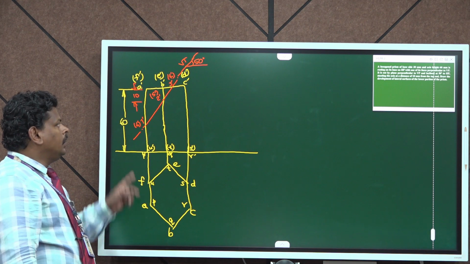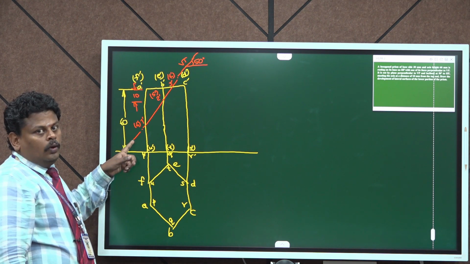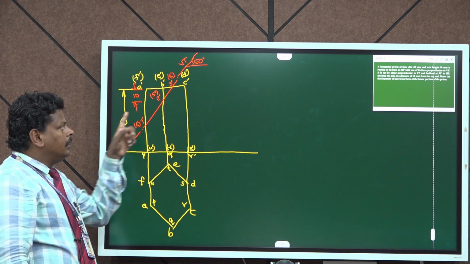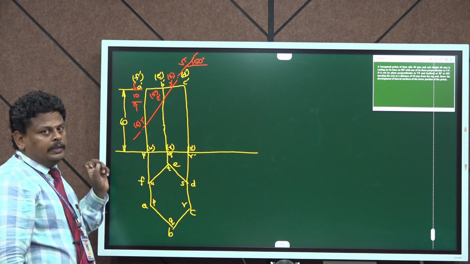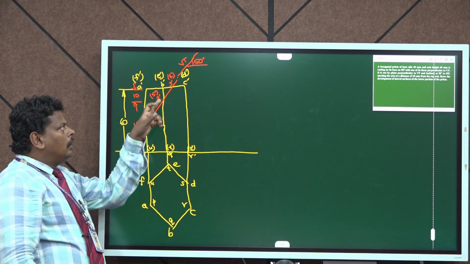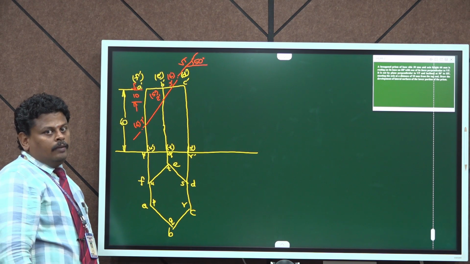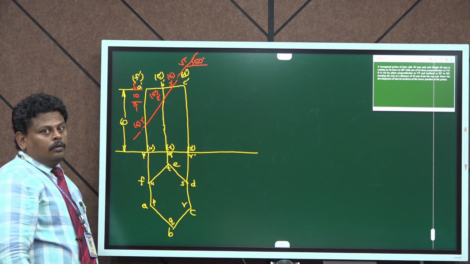So we are able to get 6 points at all the intersecting points. So now we can draw all the 6 points from the front view to the top view.